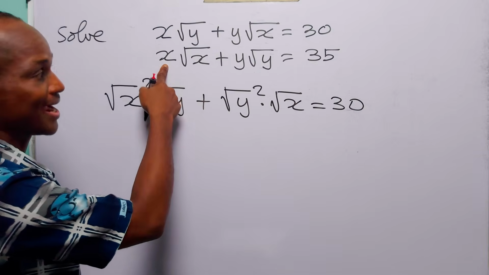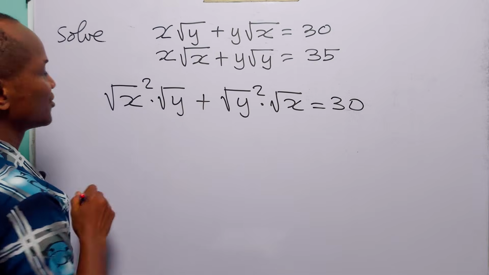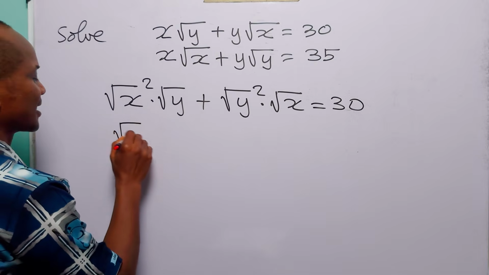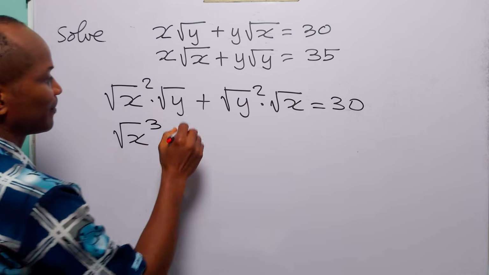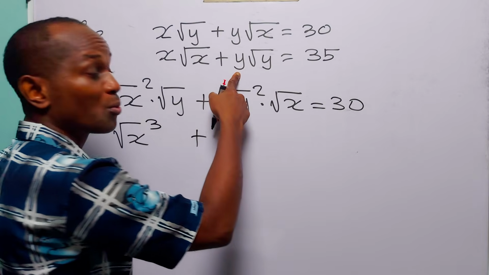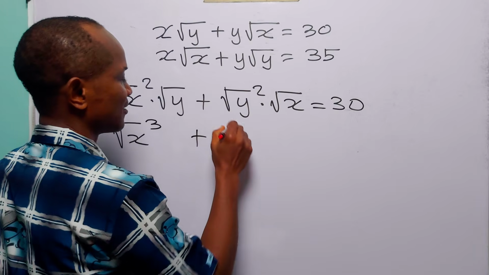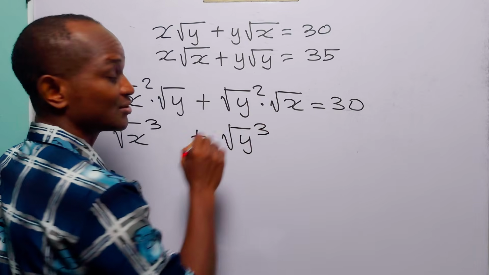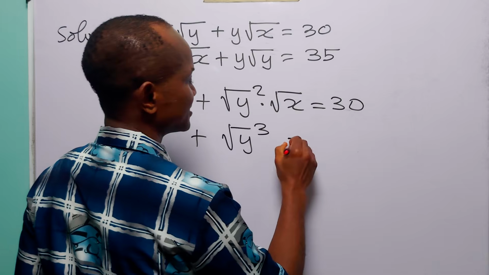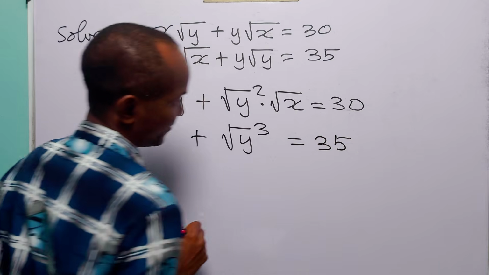Root x squared times root x is going to give us root x to the power 3. Then here we have root y squared times root y. That is going to give us root y to the power 3. And then this is equal to 35.